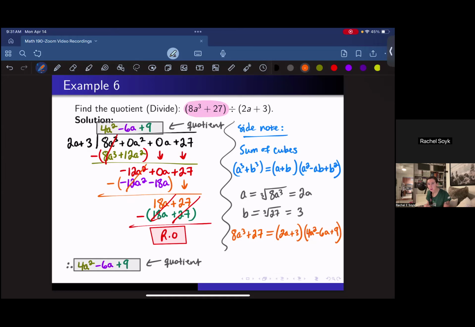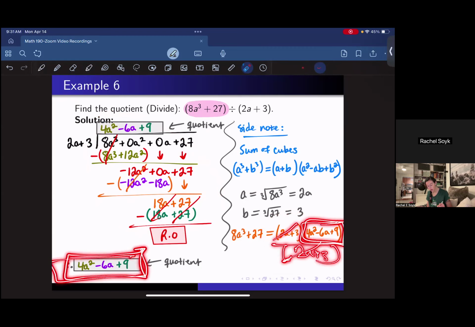So it's really good to know these special factoring tools, because then you really don't have to rely on longer systems all the time. Once you have this, what are we doing? We're dividing this all by our 2a plus 3. Well, then that cancels out and we're left with our quotient, aka what we got when we did our long division.